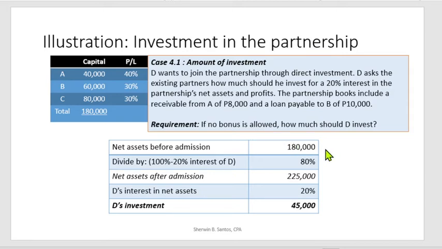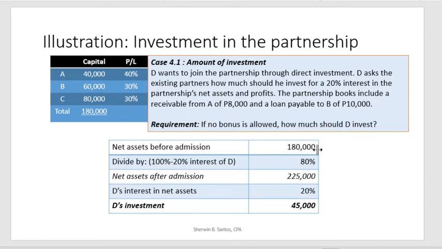So the net assets before admission is 180,000. Since gusto ng new partner na 20% ang kanyang i-invest dun sa partnership, you have to segregate that 20%. Kumbaga, i-allocate mo na agad yung 20% based on the net assets before admission.